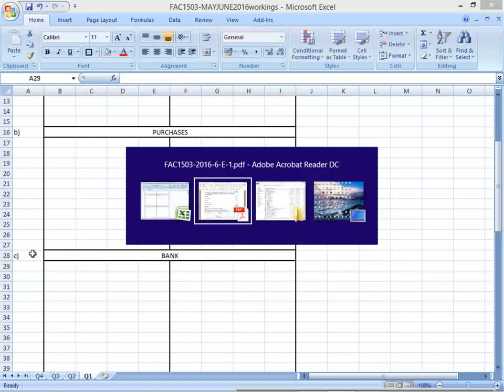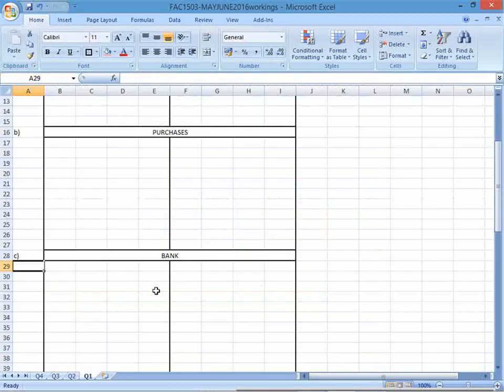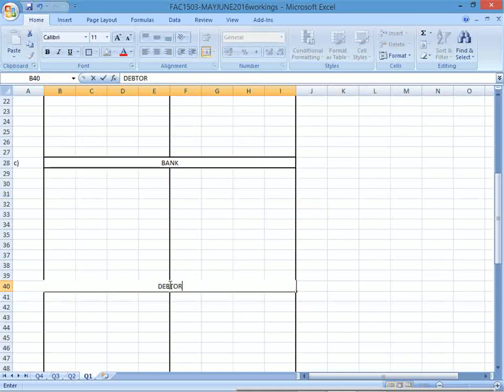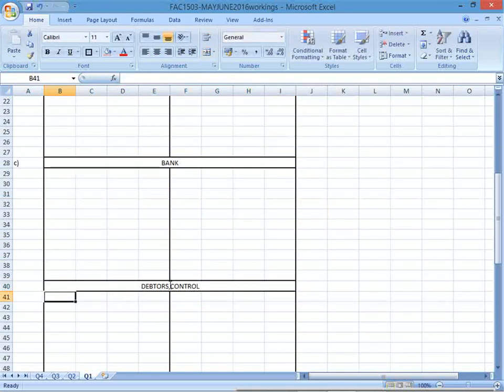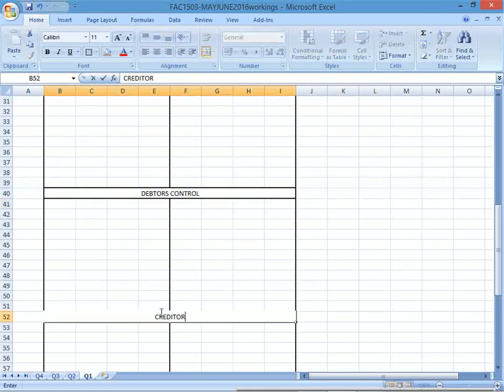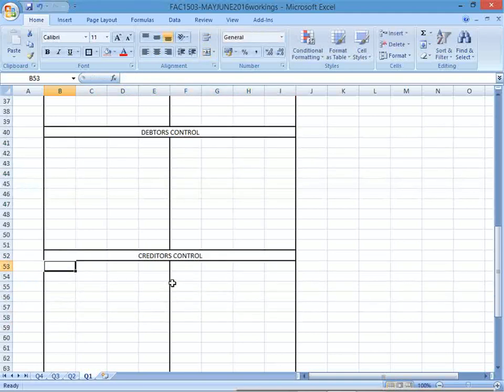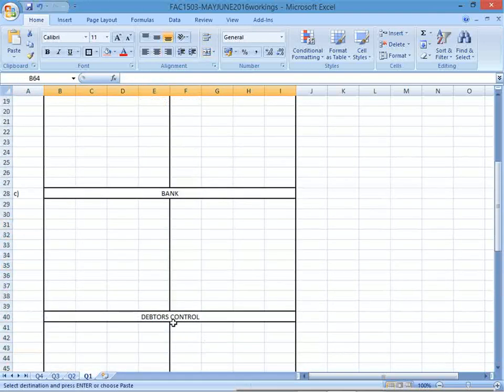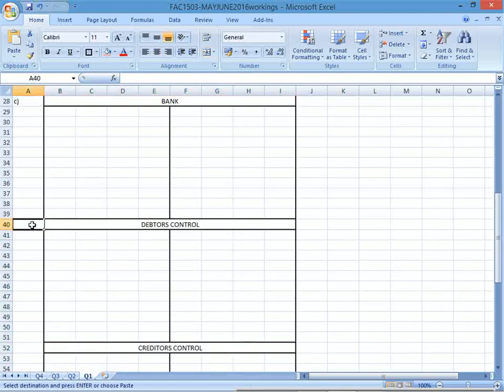What else do they want? Debtors control, creditors control. And that's it. Too many of these, so delete that last one. There you go. That's what I would do in my script.